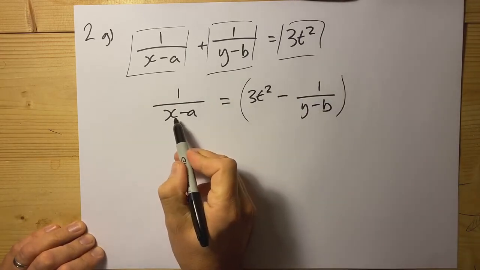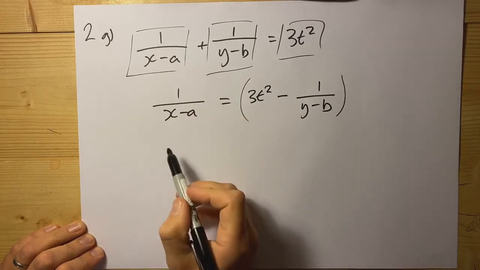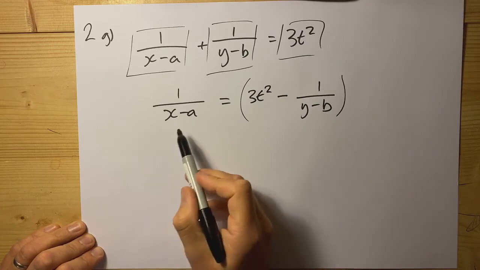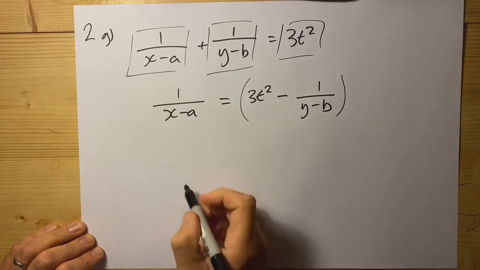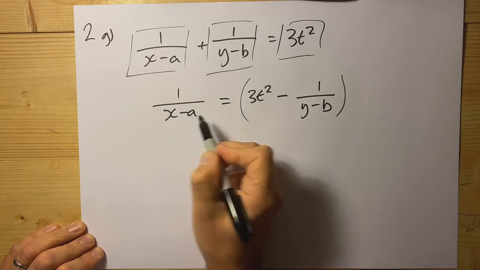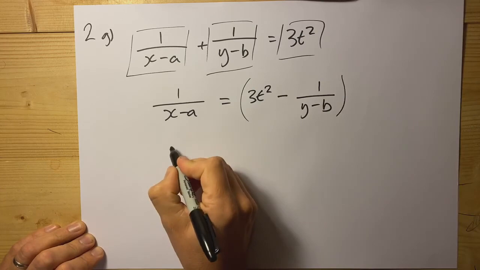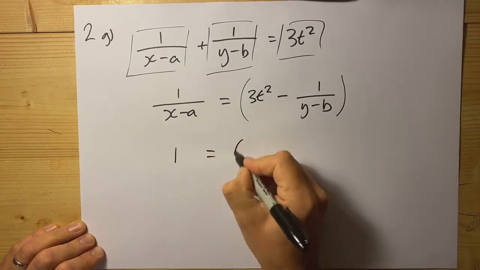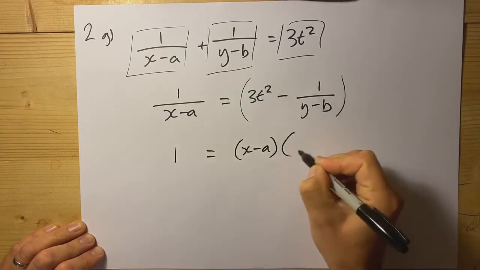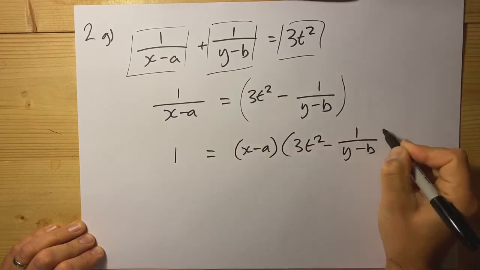Okay, now we need to move this x up so that it's in the numerator. And one way we can do that is multiply both sides by this x minus a. And that would cancel out this x minus a here, and just make it appear up here effectively. So that then becomes 1 equals x minus a times (3t squared minus 1 over y minus b).